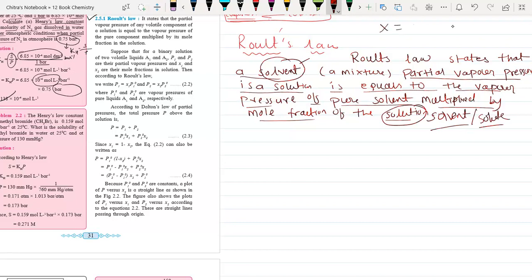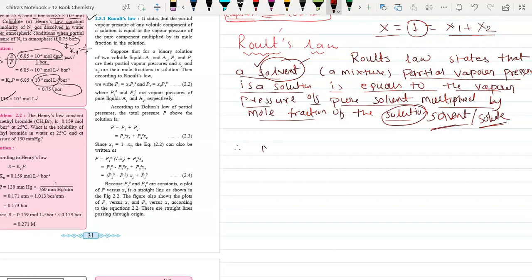X is always 1, which equals mole fraction of solvent X1 plus mole fraction of solute X2. X equals X1 plus X2, which equals 1. Whenever we multiply any number by 1, there is no effect. That's why if you are calculating for the solvent, we write solvent, and if you are calculating for the solute, we use solute. That's all.